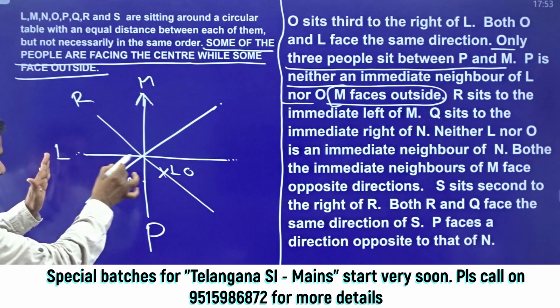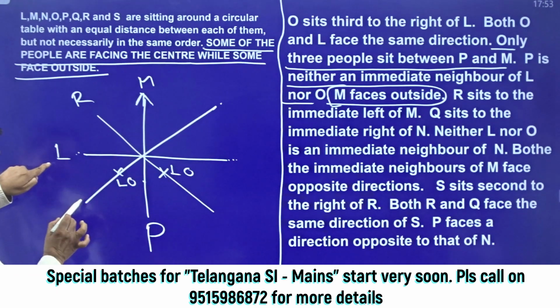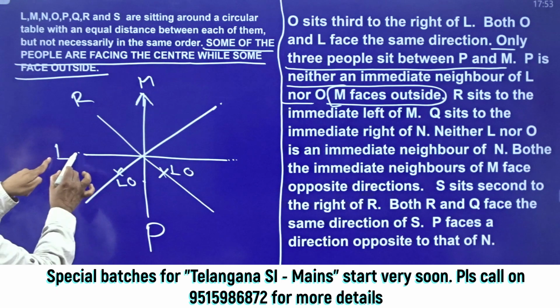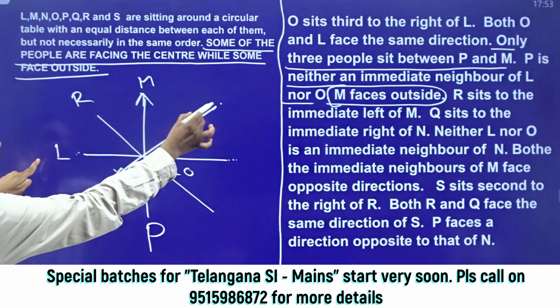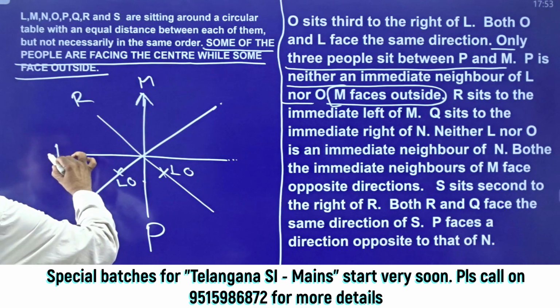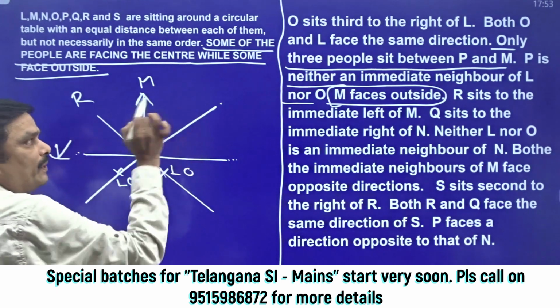L can be facing inside or outside. I don't know whether it is inside or outside. Third place you see for L, 1, 2, 3. I cannot keep O here, right? Now at the same time, 1, 2, 3. Yes, I can keep O here. That means L can be here. Similarly, go for this place.